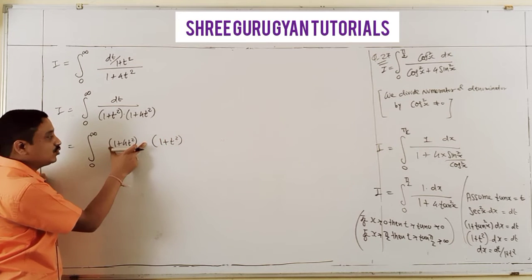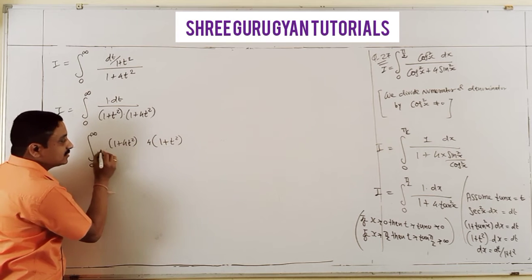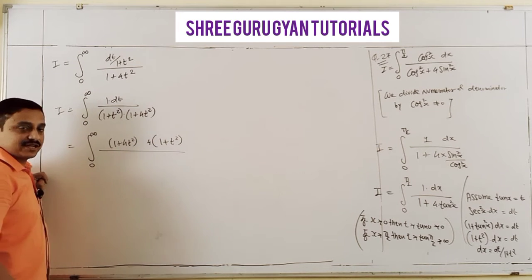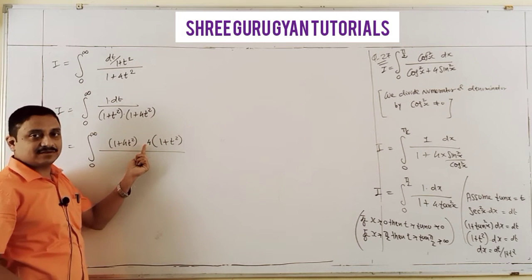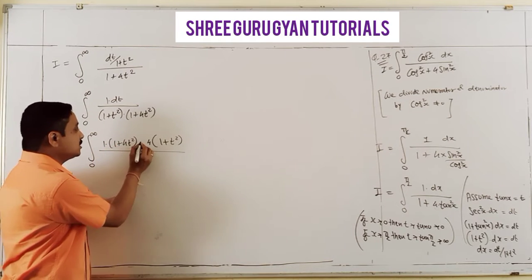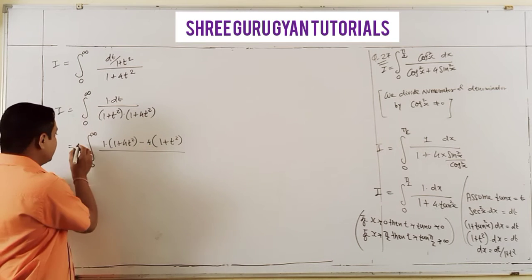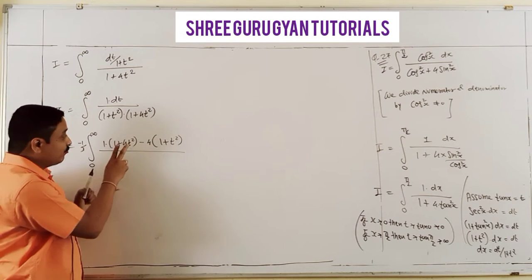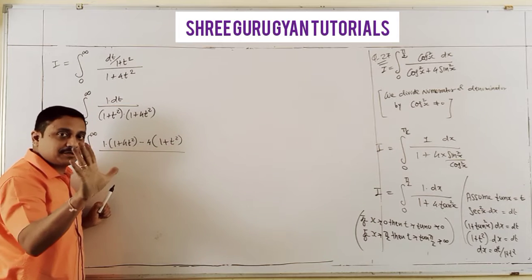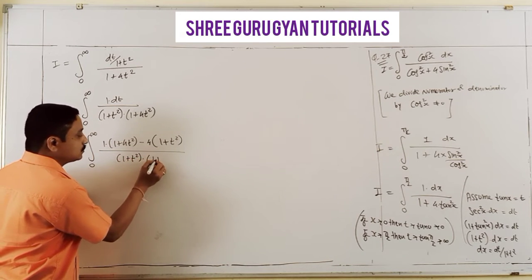Anyhow I want here a constant 1, so can I multiply that? Check. Here multiply and here 1. How much? 1 minus 4 is minus 3, divided by 1 by 3, and 4t square minus 4t square cancel, remaining your answer.